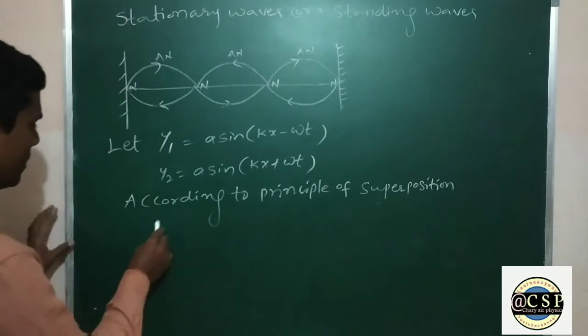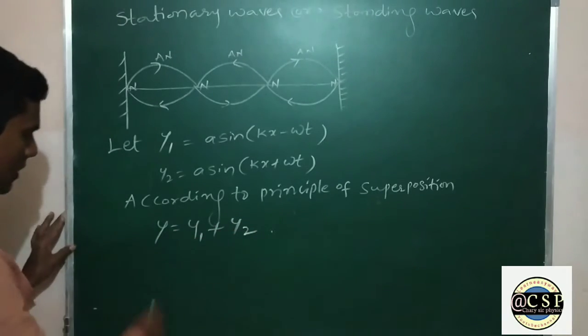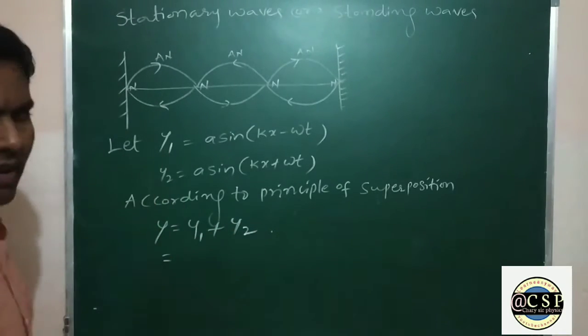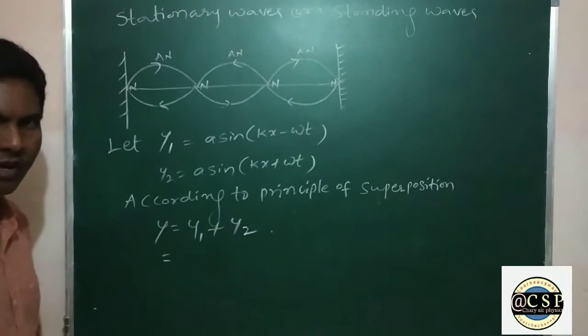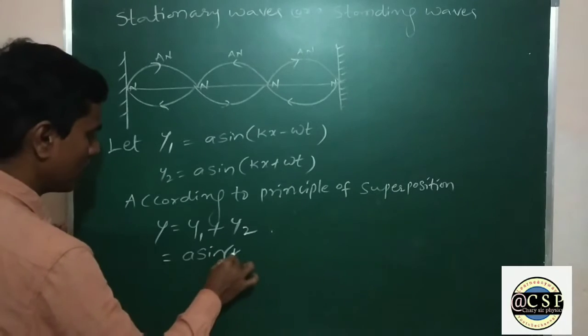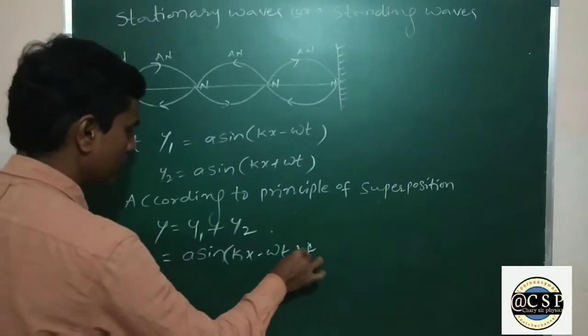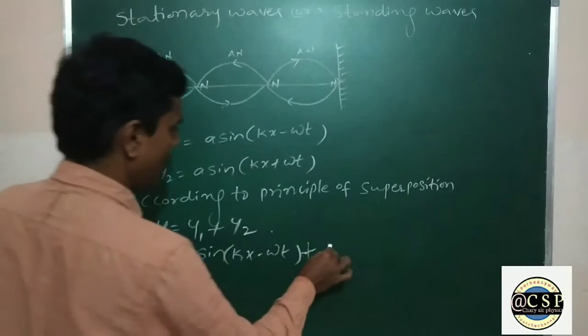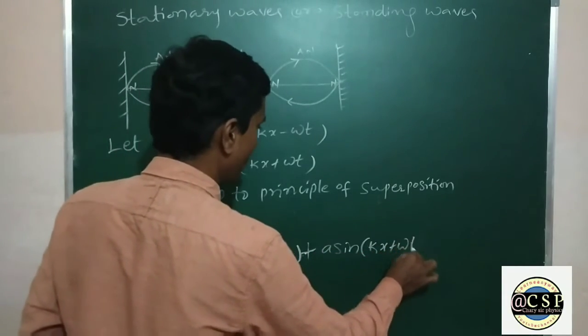So y equals y1 plus y2. Substituting the two equations for y1 and y2, y equals a sine of kx minus omega t plus a sine of kx plus omega t.